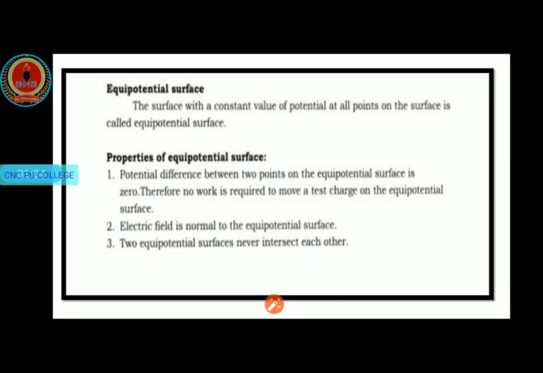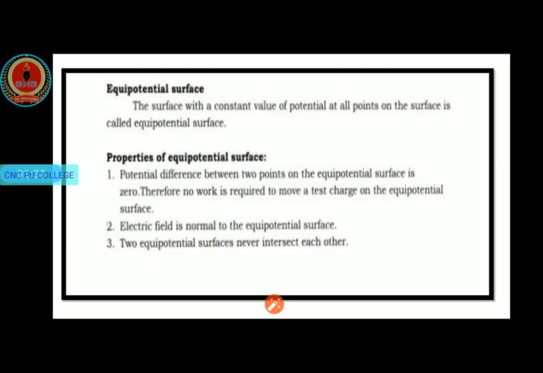We have some properties of equipotential surface. The first one: the potential difference between 2 points on the equipotential surface is 0, because they have the same potential. Therefore, no work is required to move a test charge from one point to another on the equipotential surface.